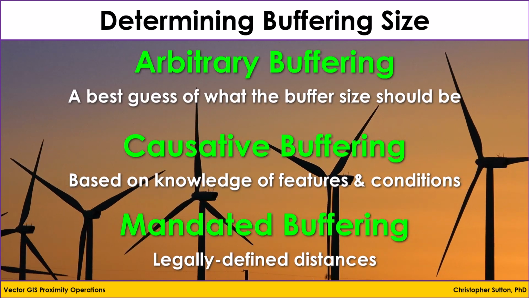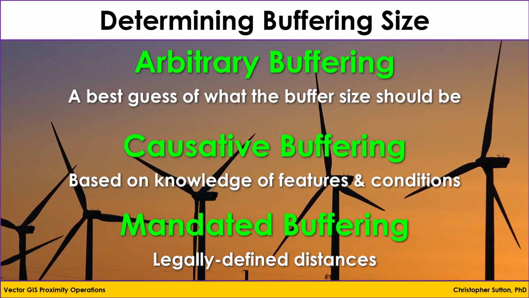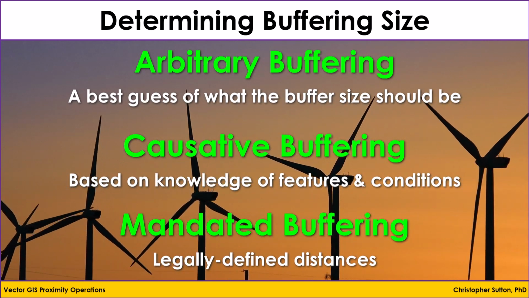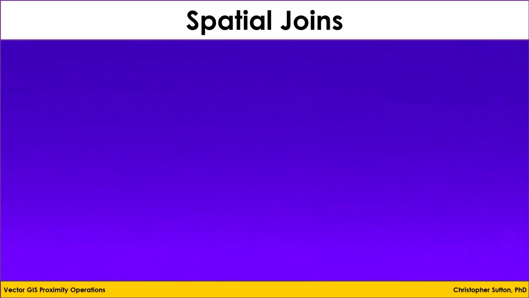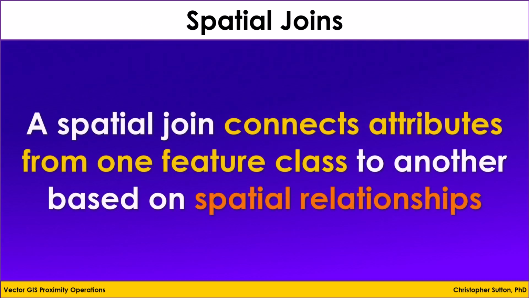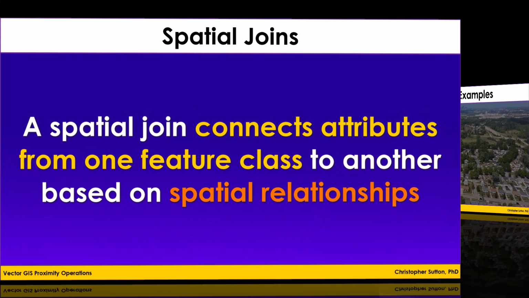In addition to buffering, another commonly used proximity operation is the spatial join. Spatial join joins attributes from one feature class to another based on spatial relationships, which can include distance-based proximity.